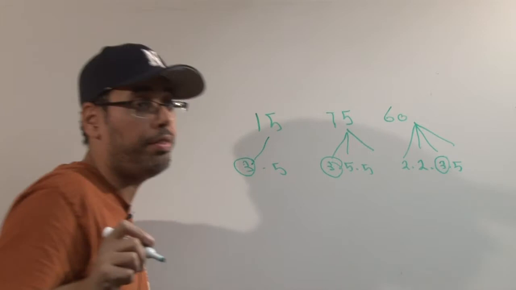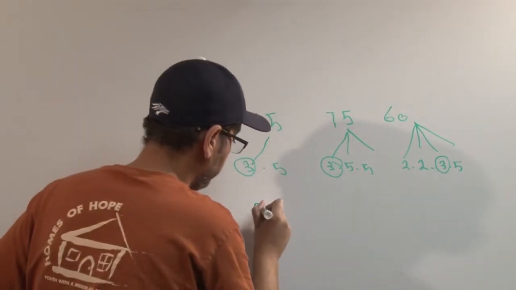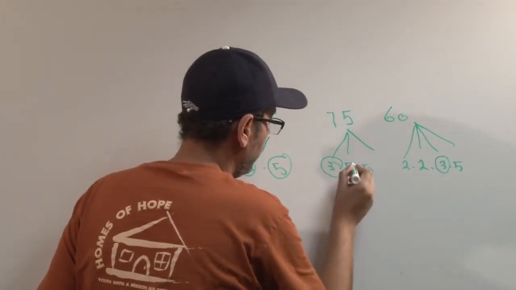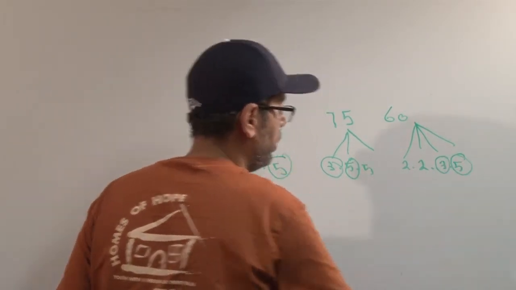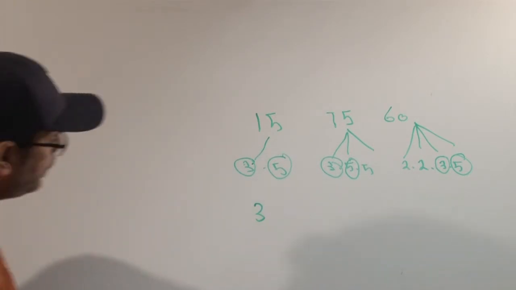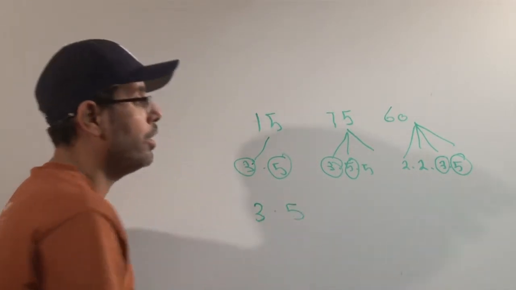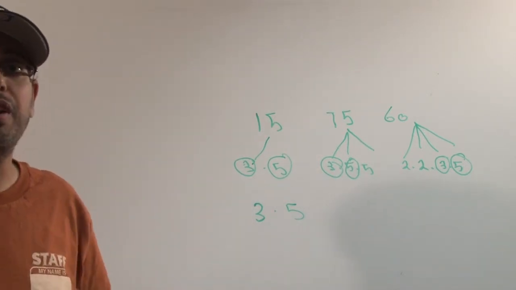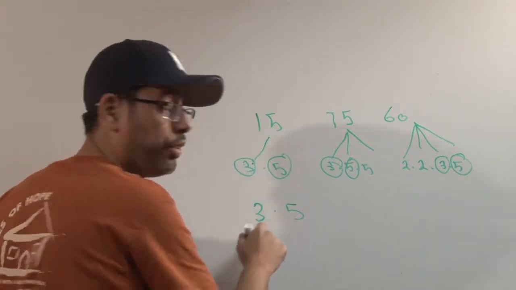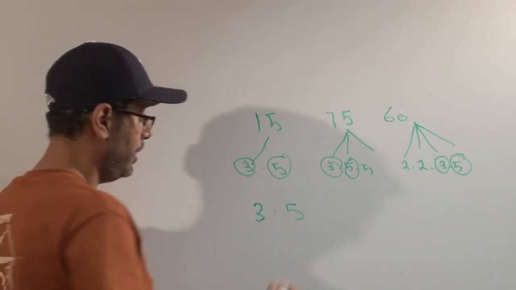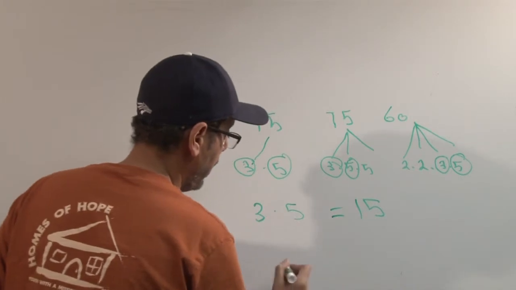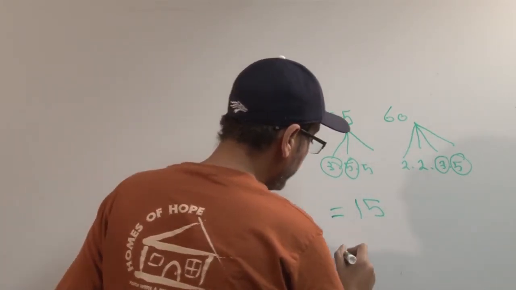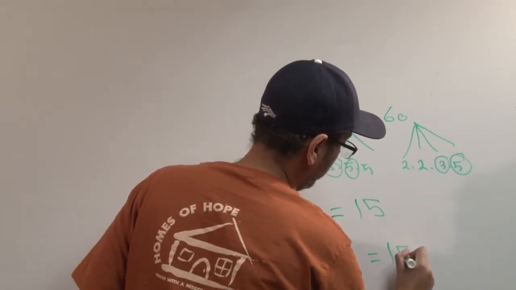So the first prime factor is 3. What else? 5, 5, and 5. Is there anything else? No. My greatest common factor is the product of the prime factors. So the product of 3 times 5 is 15. Therefore, the GCF is 15.